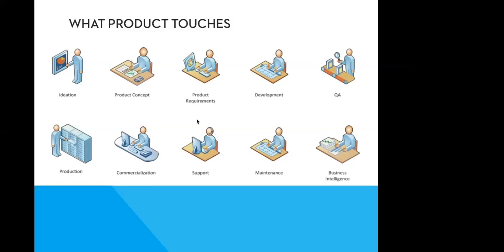As a product manager, you will be part of the ideation stage, the product conceptualization. You have to be working on the product requirements, which is the PRD, product requirement documentation. You have to be part of the tech development because you have to interact with them and guide in prioritizing what needs to be built.